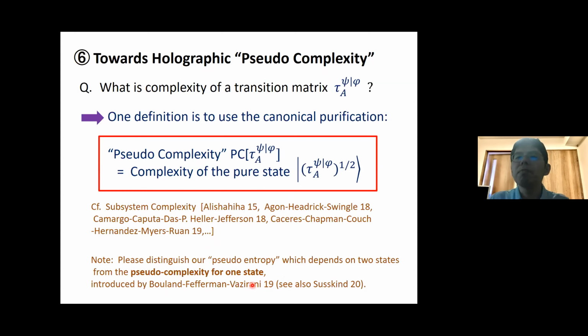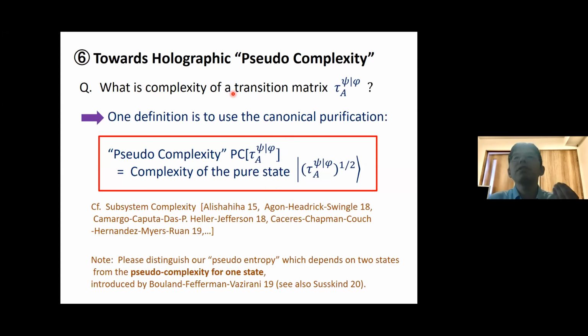But here we are talking about pseudo entropy for two states, which is a generalization of entanglement entropy. So these two are completely independent. Maybe this is not a good way of calling this quantity, but we don't have a better idea. Anyway, the question is: what is the complexity of a transition matrix, as we asked for entropy?